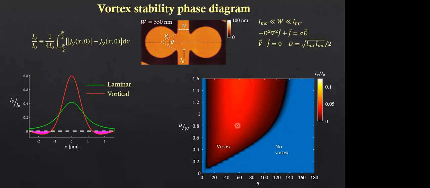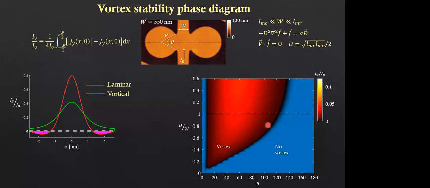One, the red one, where the I_V over I_0 is finite, and the other, where it's 0. Finite meaning there is a vortex in the system. On the other hand, 0 means there's no vortex. So the vortex to no vortex phase space looks like this.